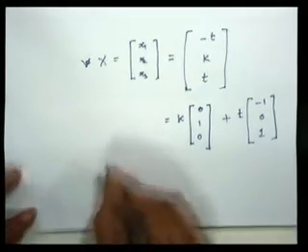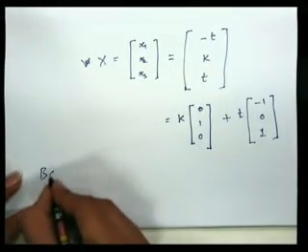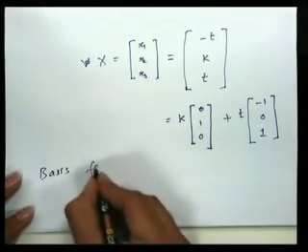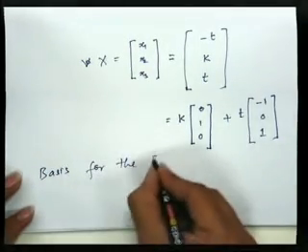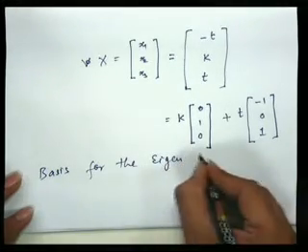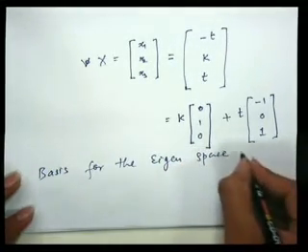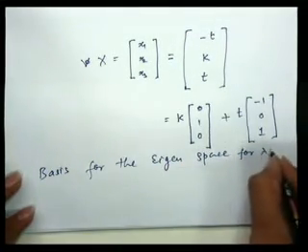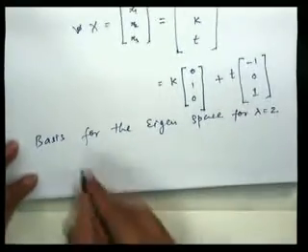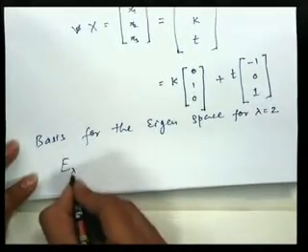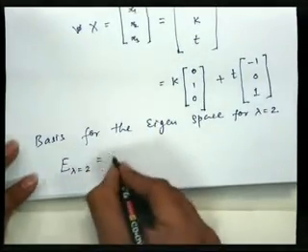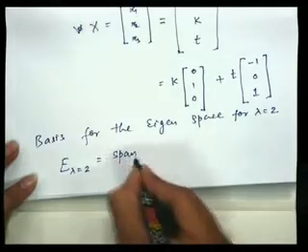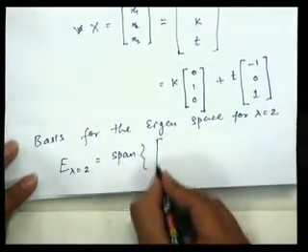So the basis for the eigenspace E lambda is equal to 2 is spanned by the following two vectors.